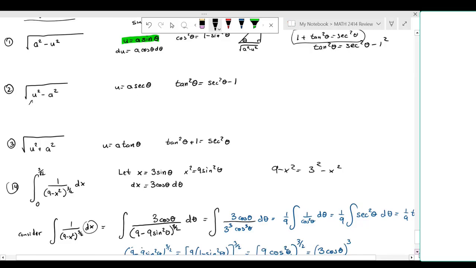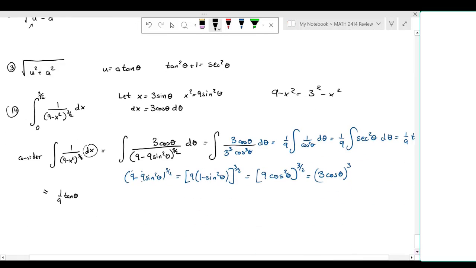So if I want the answer in terms of x, I go back to the original substitution and think of it as saying sine theta is x divided by 3.